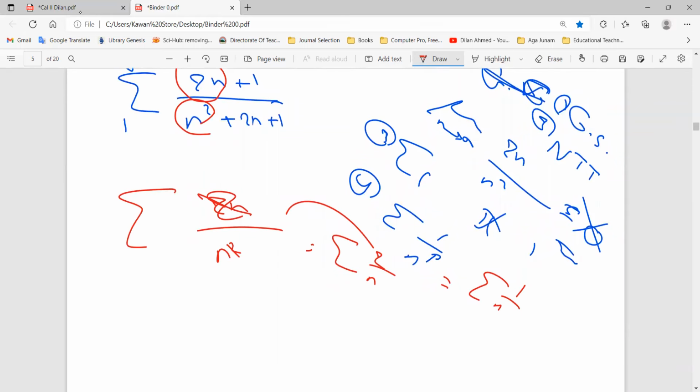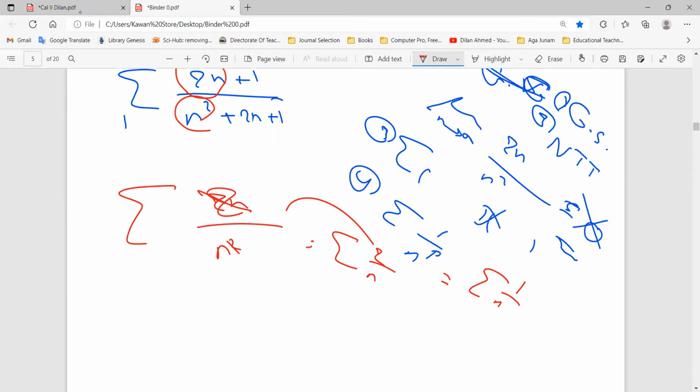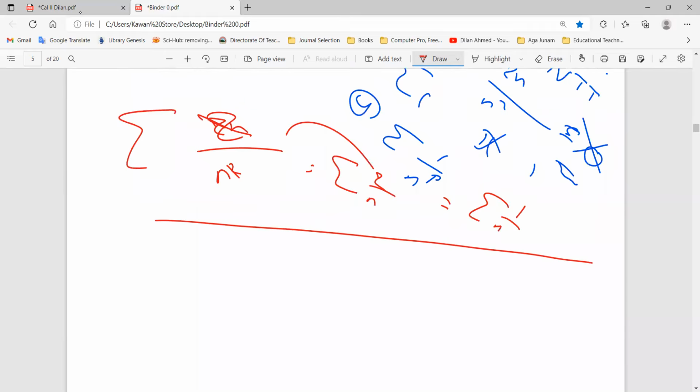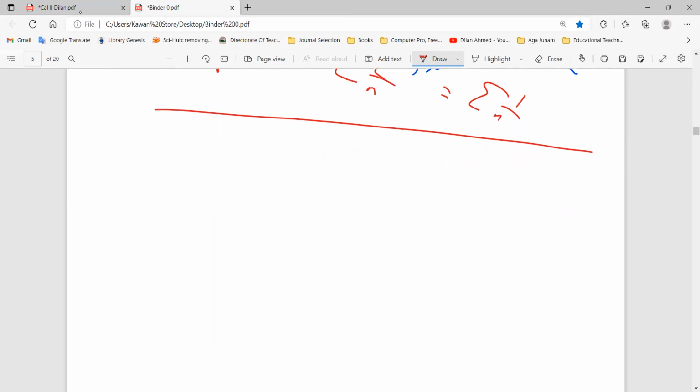Am I right? It's harmonic because if P equals 1, we rename it as harmonic, and it diverges as usual, you know. So after thinking, there is no way to solve it directly, right? There's no geometric, no power, no nth term test, no telescoping. It looks like a P series. So that's why I'm going to solve it by LCT. How? By LCT.